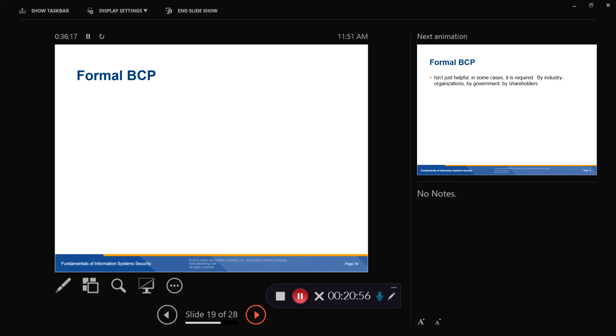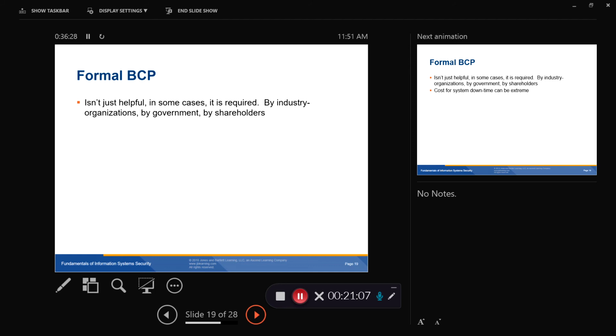So a formal business continuity plan isn't just helpful, in some cases it's required. It's required by industry organizations, by government, by shareholders. If you're a publicly held company, you are beholden not just to the government and not just to industry organizations, but to the people who hold stock in your company.